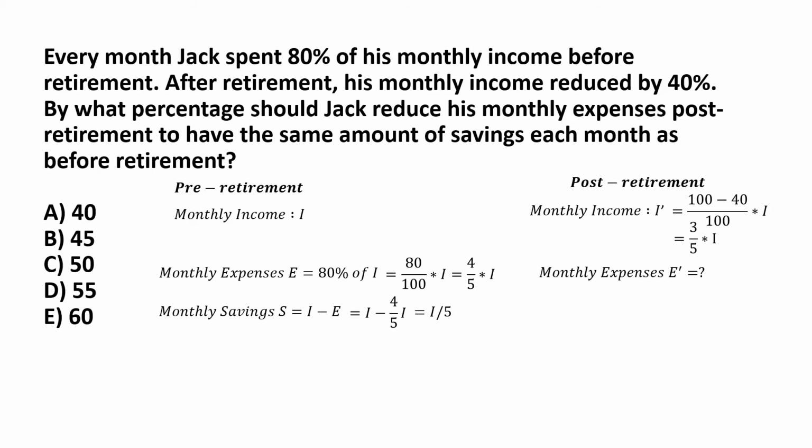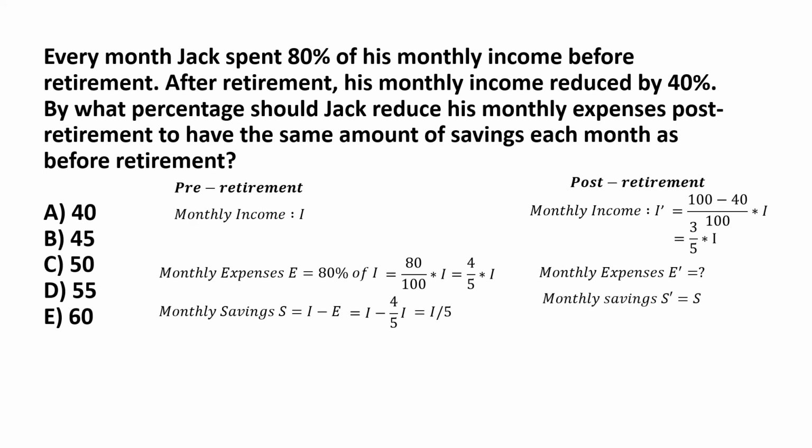What about his monthly expenses, E dash? So this is his post-retirement monthly expenses. That's something that we have to find out. We don't know what it is, so let's give it a placeholder for now. Let it be E dash, just to be consistent with the symbols that we were using.